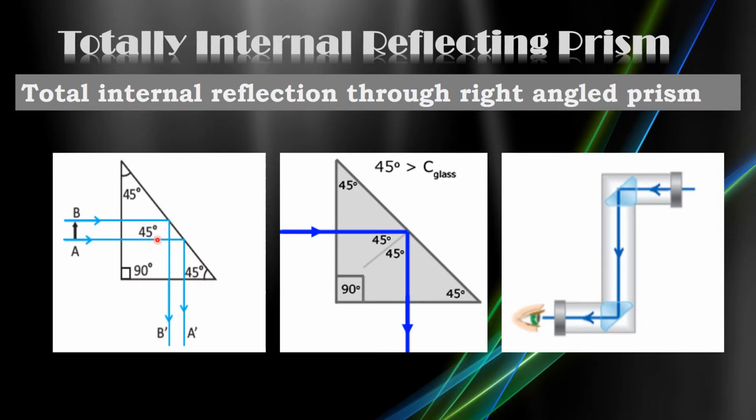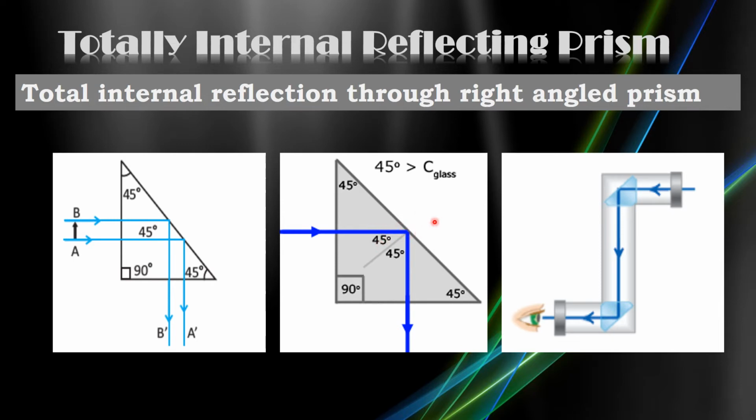How am I saying that it will strike the hypotenuse at 45 degrees? If you draw a normal to this hypotenuse, you can see that this light ray is striking the hypotenuse at 45 degrees.